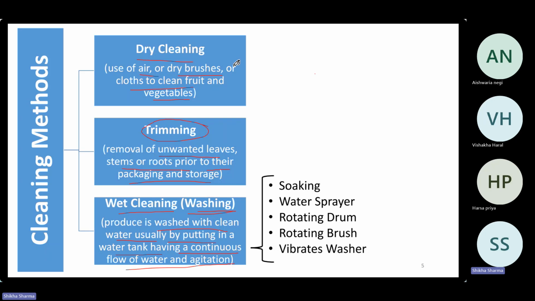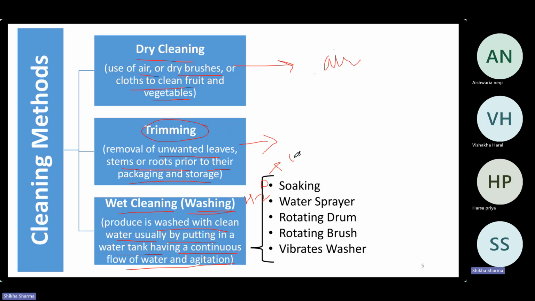So in dry cleaning, we are using air or brushes or cloths. In trimming, we are just taking out the unwanted leaves, stems or other unwanted parts which come with the fruits or vegetables. And in wet cleaning, we are using water for the cleaning purpose, in which we can use agitation, some mixing also.